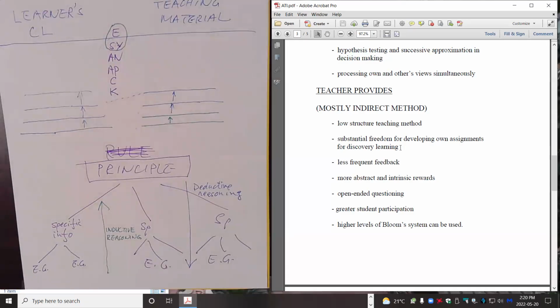All right, less frequent feedback because of their independence in thinking. More abstract and intrinsic rewards. So they don't need anything solid, just a sense of satisfaction because, oh, I could do this. That type of thing.